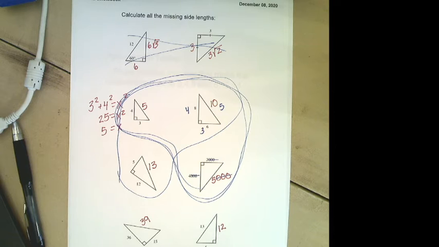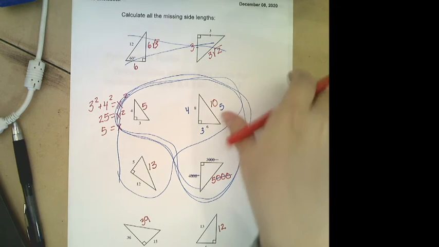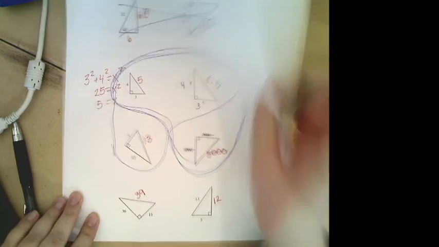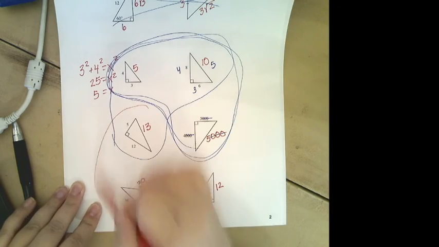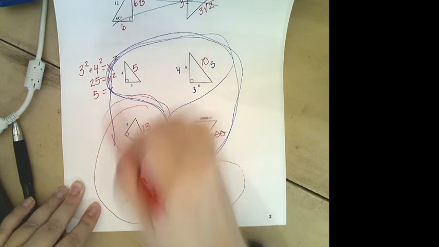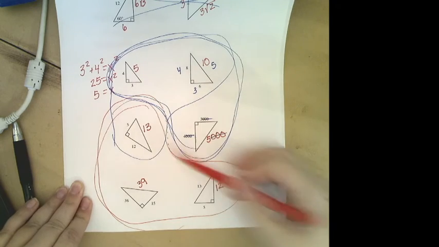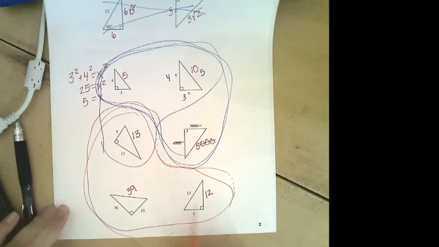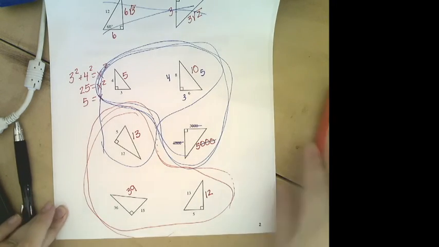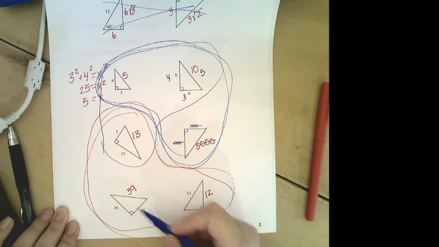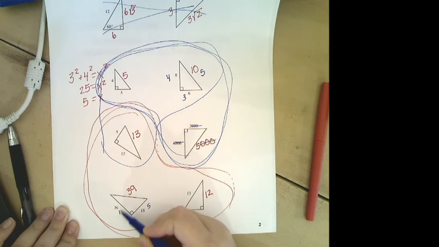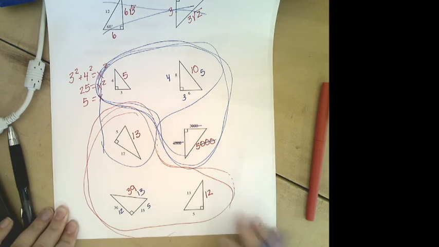That is one of our Pythagorean triples. And if we look at our next 3, all of those simplify down to 5, 12, 13.